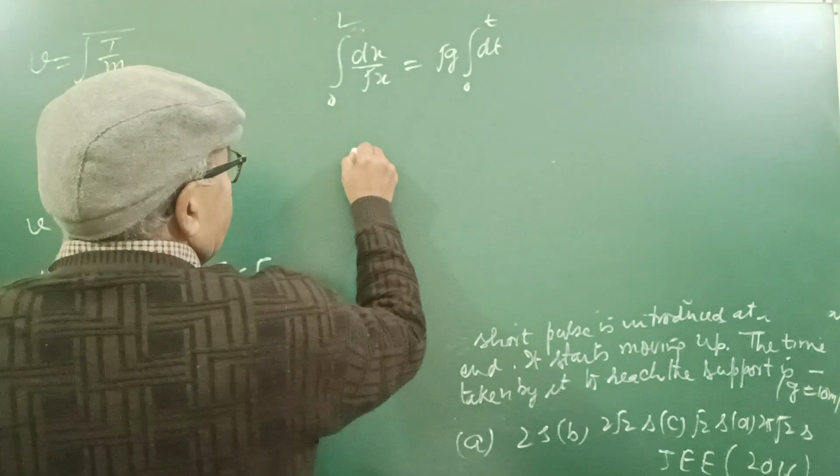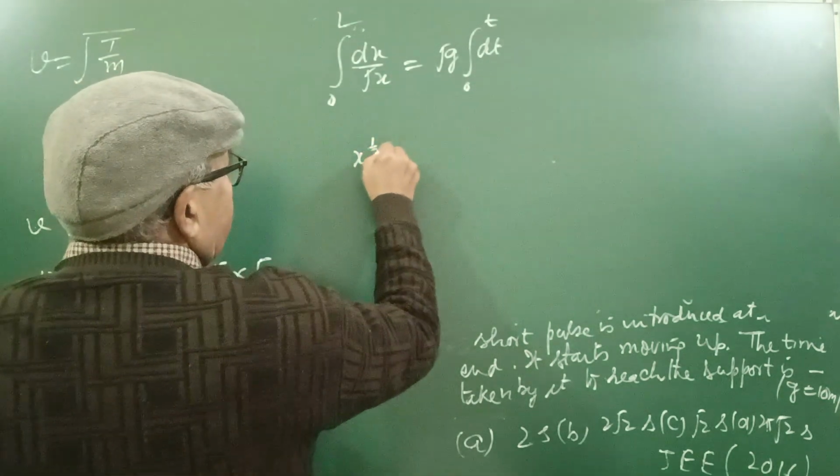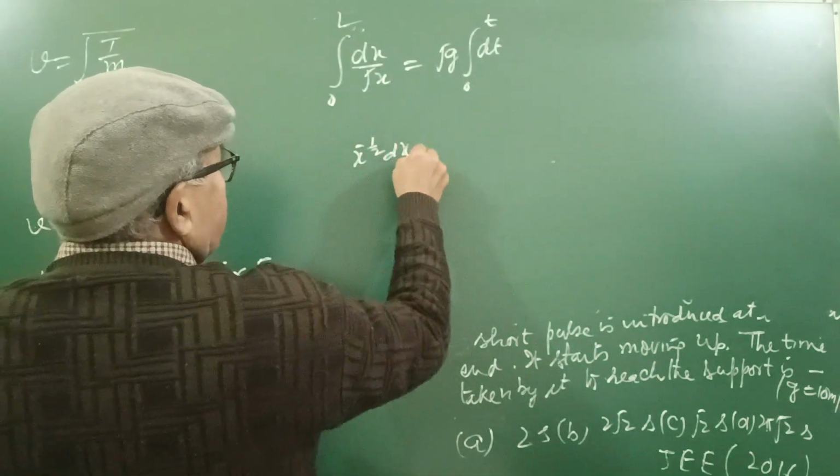You can write it as x to the power minus half dx.